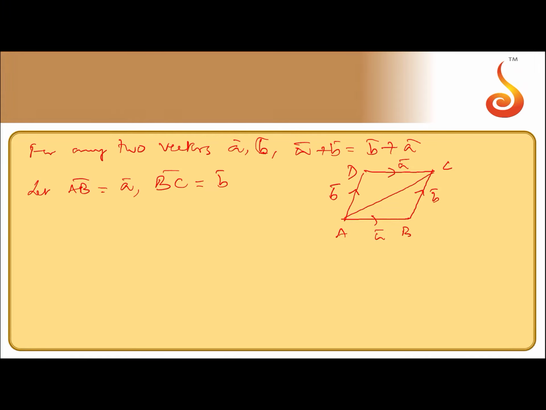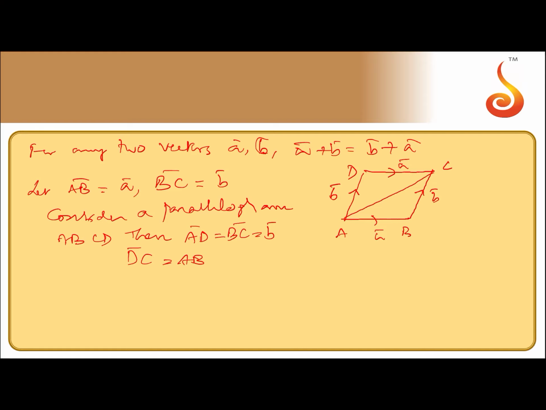Okay, construct a parallelogram. Consider a parallelogram ABCD. Then we have the condition that AD must be equal to BC, that is equal to the B vector, and DC is the same as the AB vector, that is equal to the A vector.